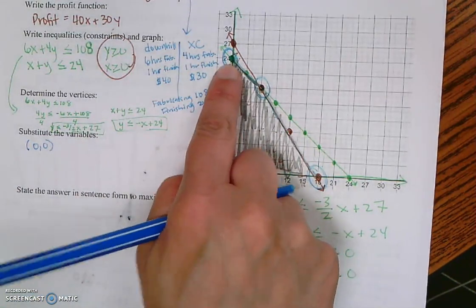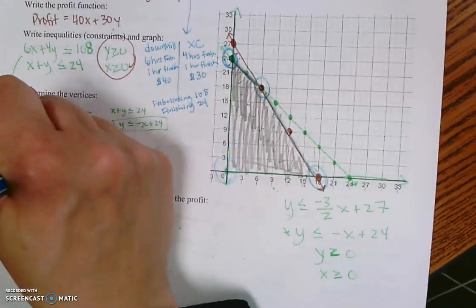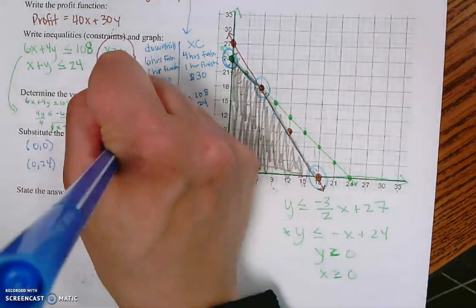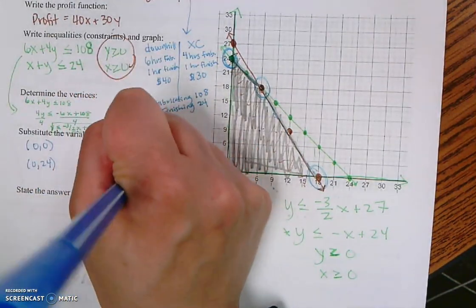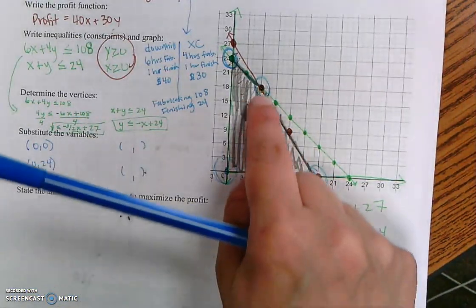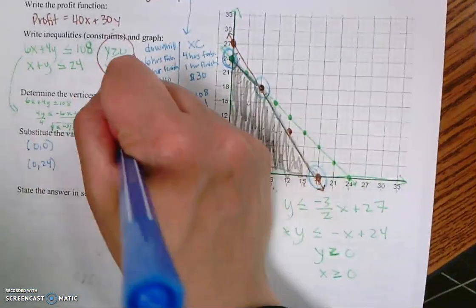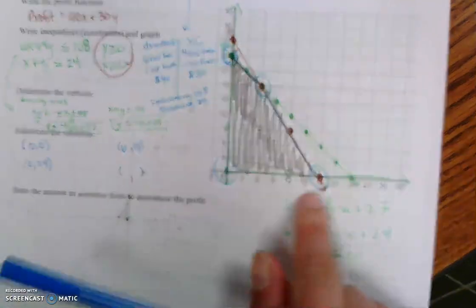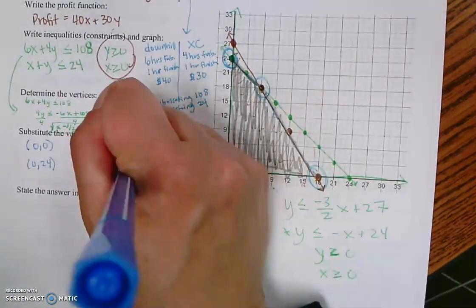This is 0, 24. This is 6, 18. And this is 18, 0.